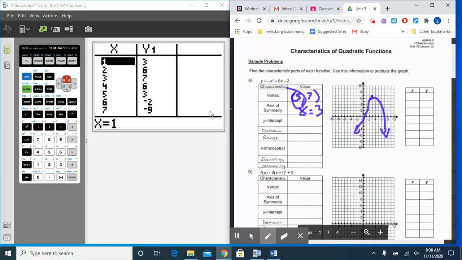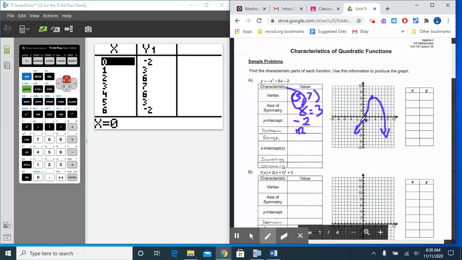The y-intercept, not sure it's an integer or not. Let's see. Yeah, so the y-intercept is when the x value is 0. So negative 2 is my y-intercept. Domain on all parabolas, if it's not in a problem-solving scenario, is all real numbers. So you can use that all real symbol.